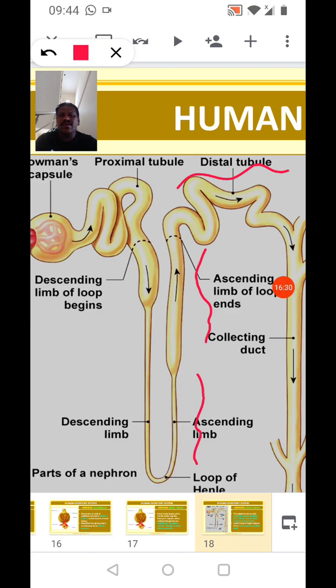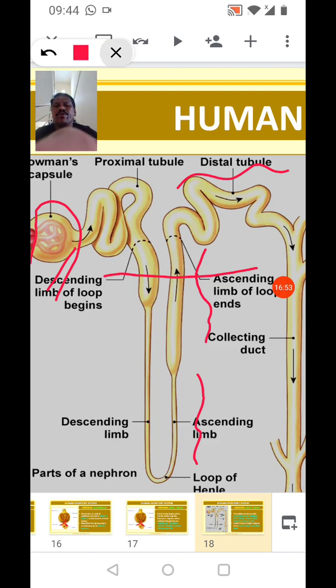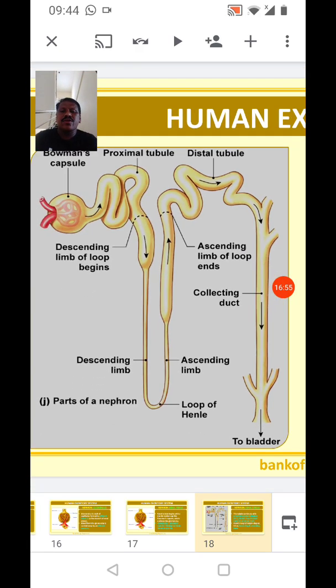Understood? The nephron has a renal capsule, this one, and this is the renal tubule. A renal tubule has three parts: PCT, loop of Henle, DCT. Proximal convoluted tubule, loop of Henle, distal convoluted tubule. Right? I hope you understood.